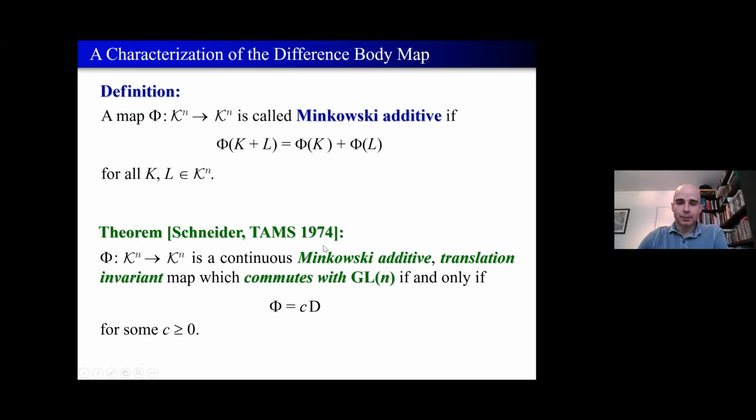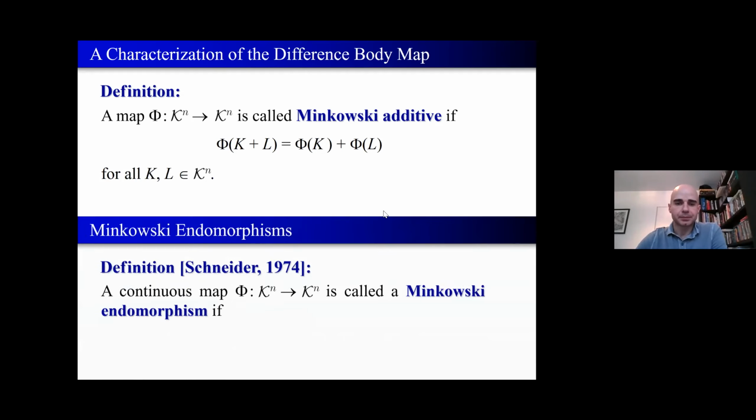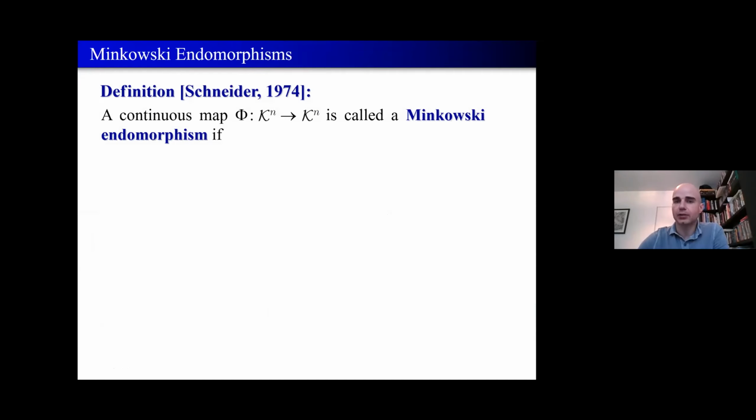Schneider, in this paper from 1974, did not work mainly on GLn compatible or affine compatible Minkowski additive maps, but considered what he called Minkowski endomorphisms. So a continuous map is called a Minkowski endomorphism, and these are the Minkowski endomorphisms from the title of this talk.